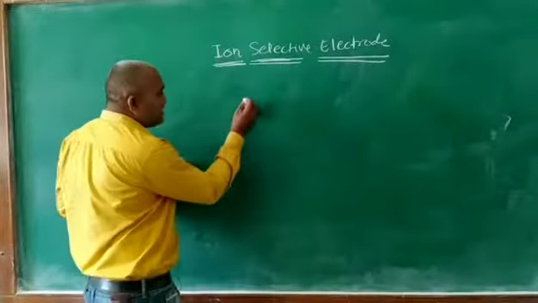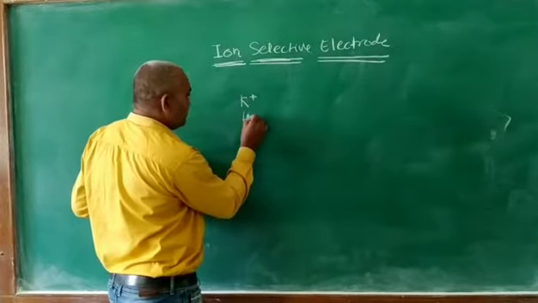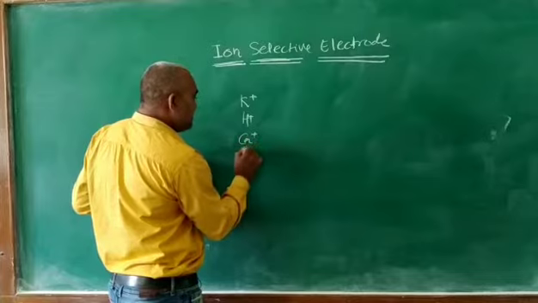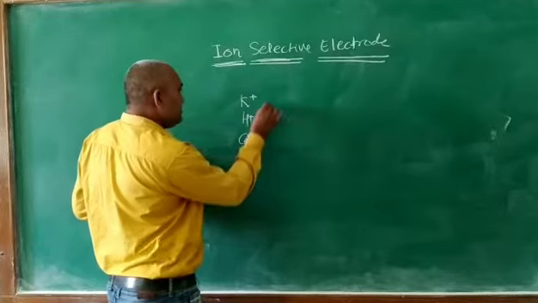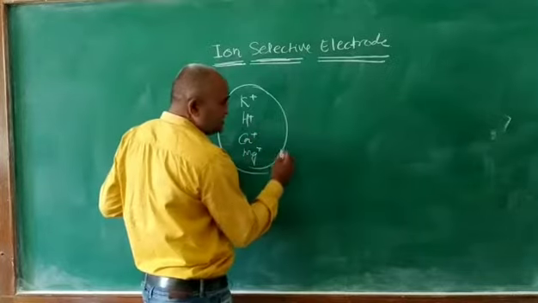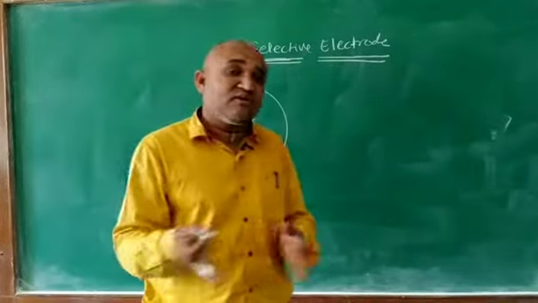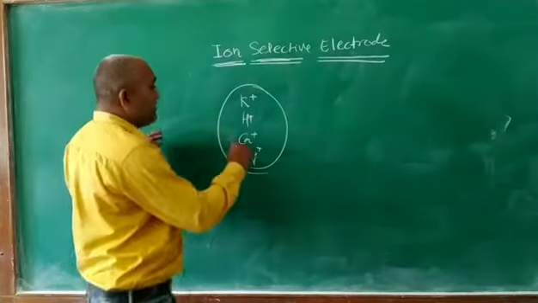If a mixture contains potassium ion, hydronium ion, calcium, magnesium, various ions, the electrode can select a specific ion.